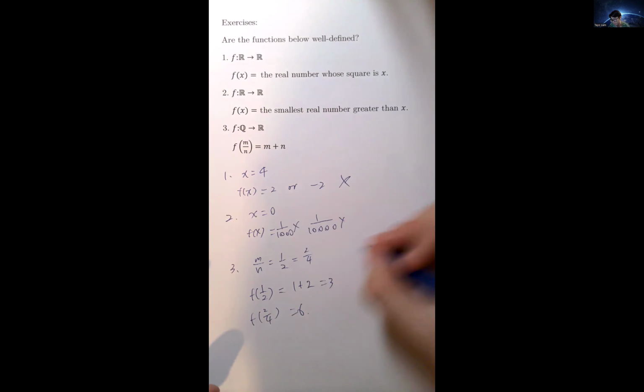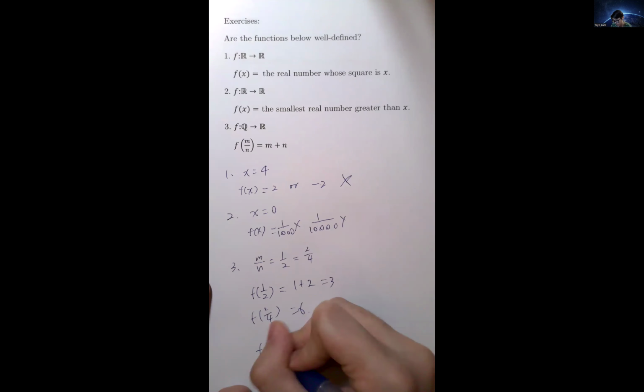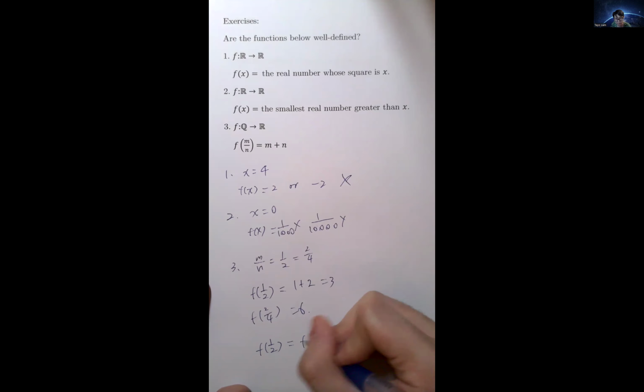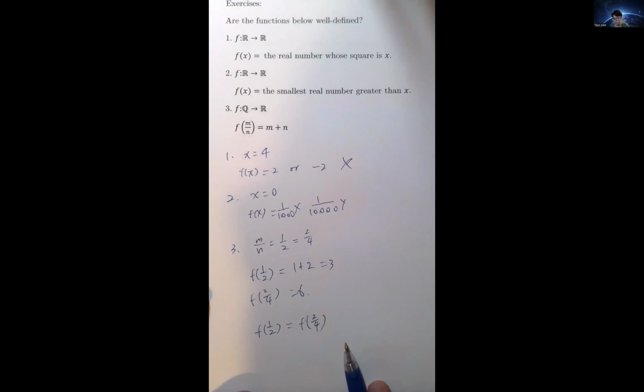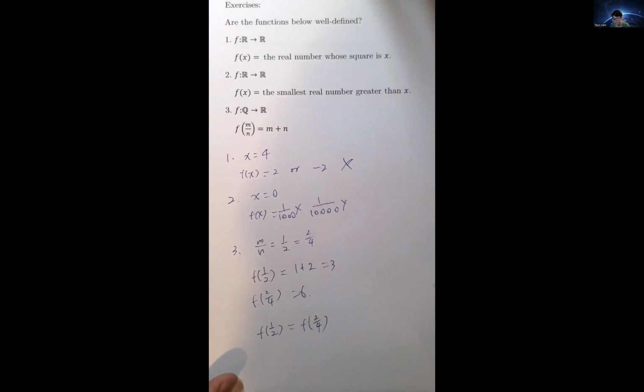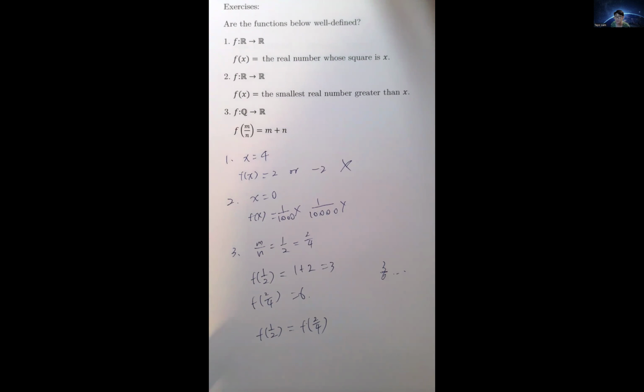But 1 over 2 is equal to 2 over 4, so f(1/2) should be equal to f(2/4). So actually you have two values, or even more if you write like 3 over 6, so it's not a unique value. If you plug in one number, you can have multiple results for that number.